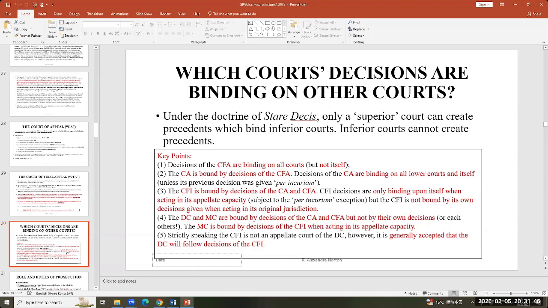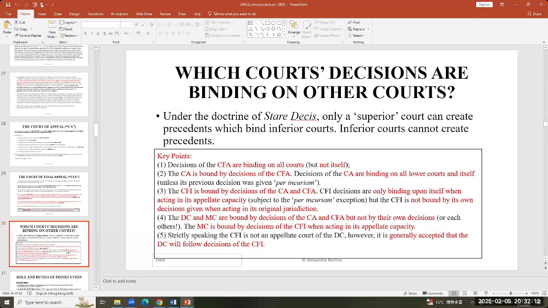If you look at point 2, decisions of the Court of Appeal are binding on lower courts. So magistrates, district courts and the CFI are bound by decisions of the Court of Appeal, and the decisions of previous Courts of Appeal are binding on the current Court of Appeal, unless those decisions were given what we call per incuriam, right?